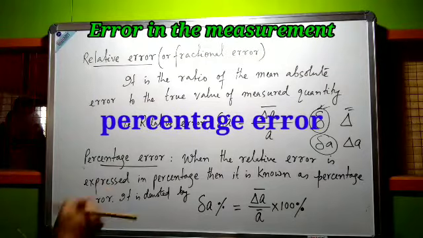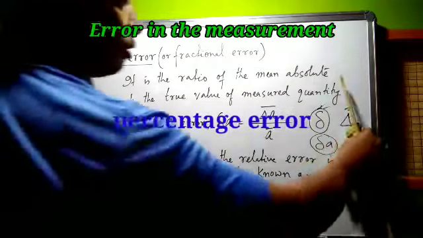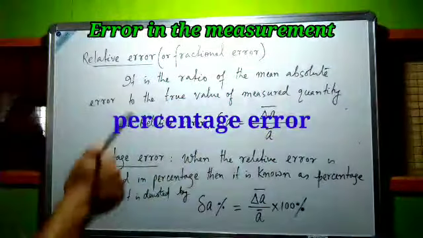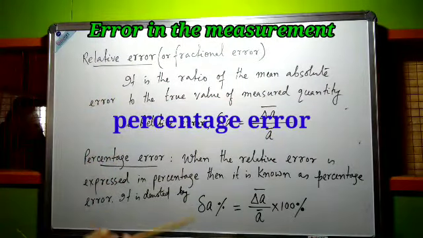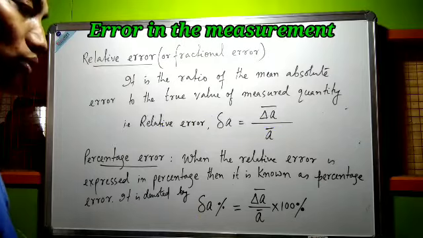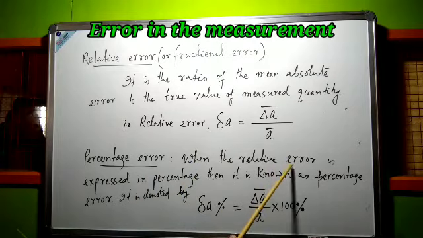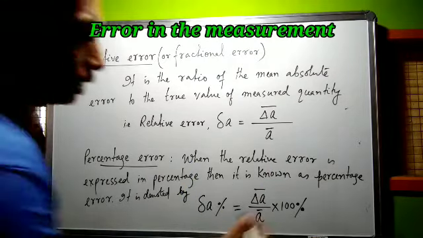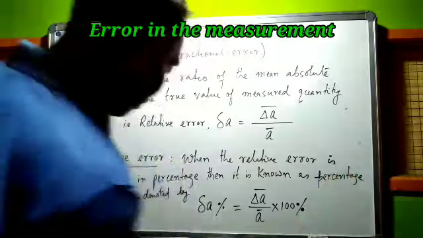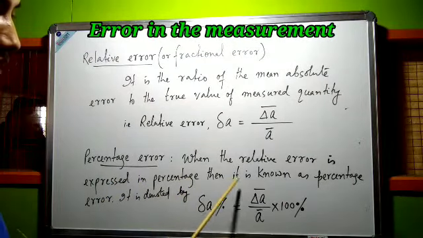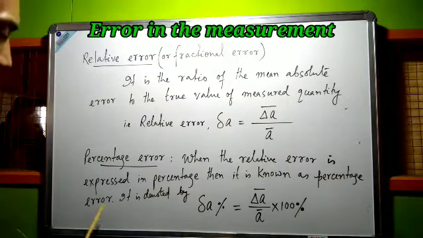And next we have to define percentage error. Percentage error is the relative error expressed as a percentage, that is 100 multiplied to it. So we have defined like this: when the relative error is expressed in percentage, then it is known as percentage error.